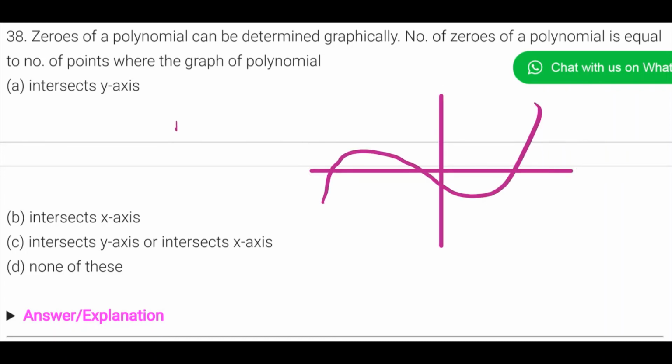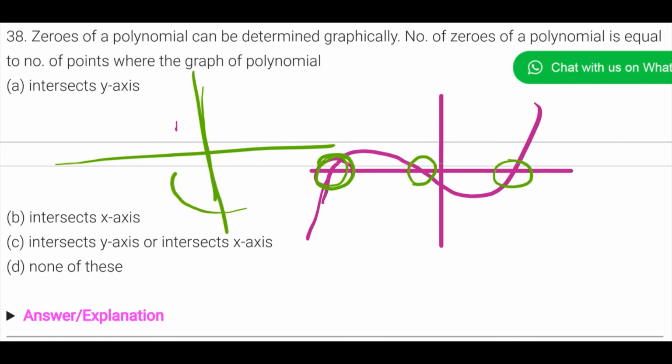So if you draw a curve like this, whatever points are touching the x-axis, these are our zeros of the polynomial. No matter how many points a curve touches the y-axis, we don't count these points. It's only the points which are touching the x-axis. So zeros of the polynomial are defined graphically as the points which intersect the x-axis. Option B.